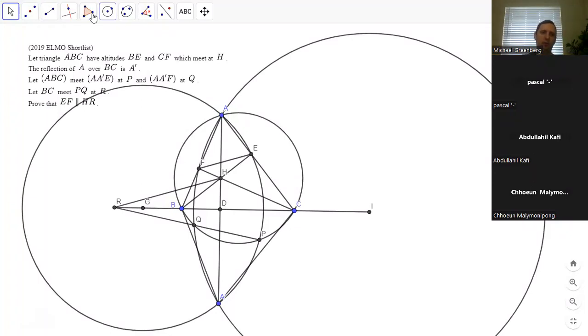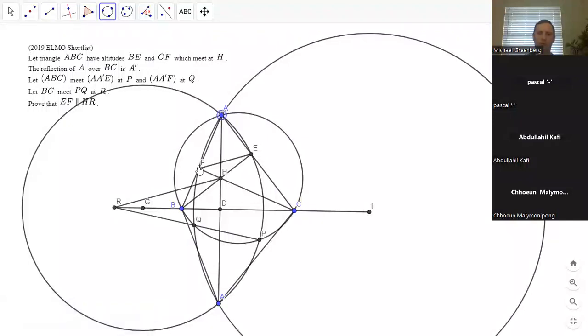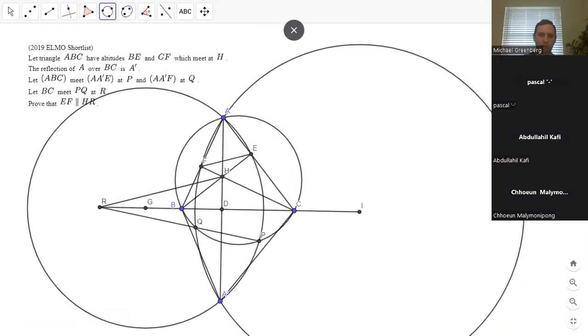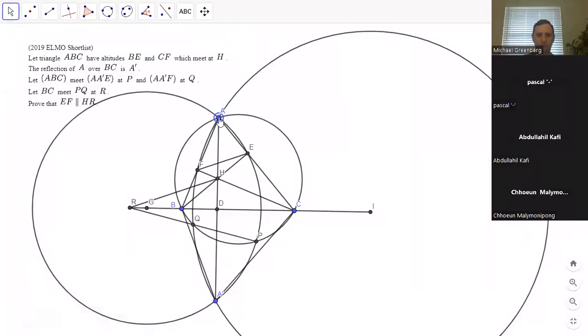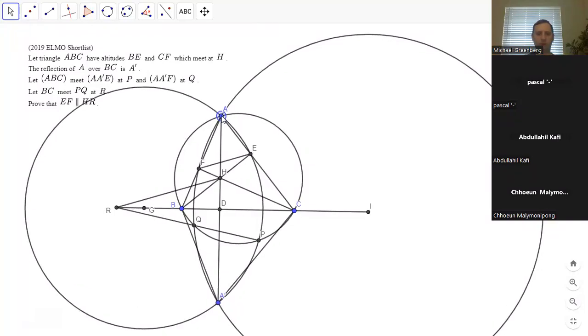I wonder if HR is, oh no, I was going to say maybe it's tangent to this circle, but it can't be because the tangent is horizontal. I actually don't remember doing this problem before. I think this is the first time we've done this.